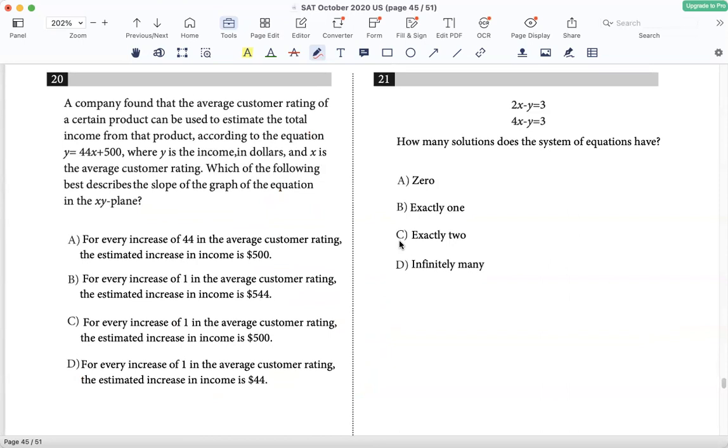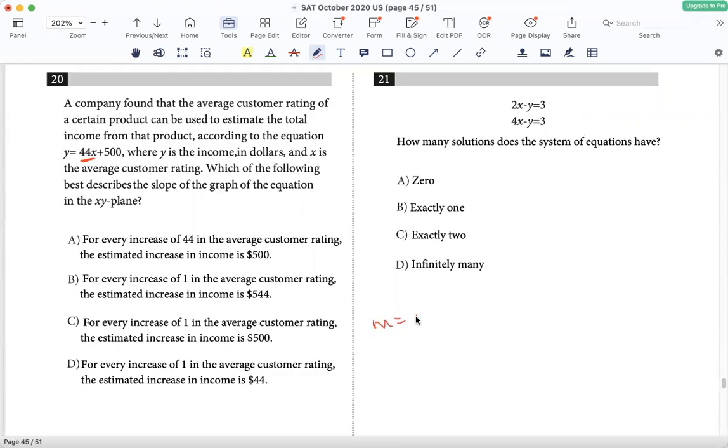A company found that the average customer rating of a certain product can be used to estimate the total income from that product according to this equation, where y is the income and x is the average customer rating. Which of the following best describes the slope of the graph? So that's 44. For every increase of 1 in the average customer rating, the estimated increase in income is $44, right?